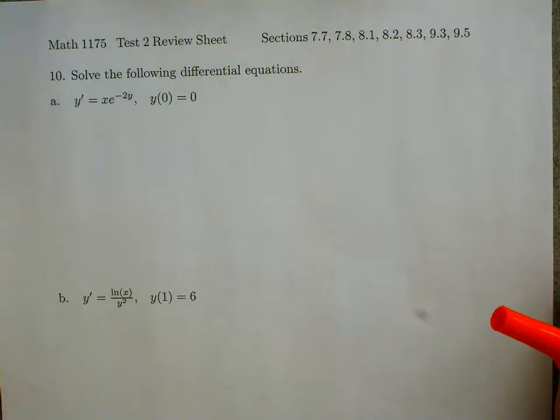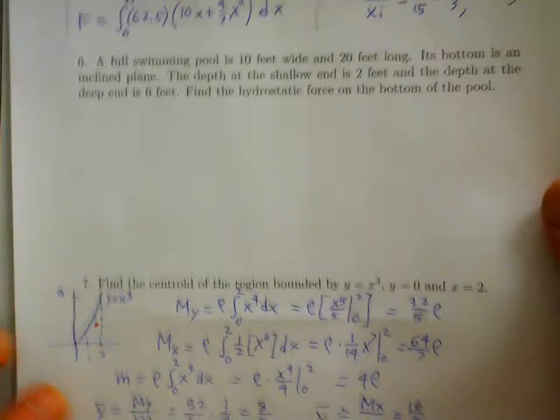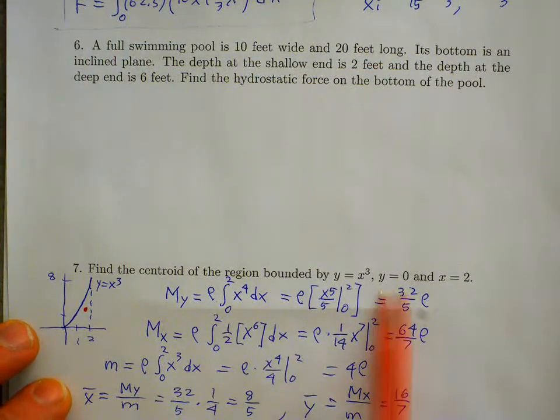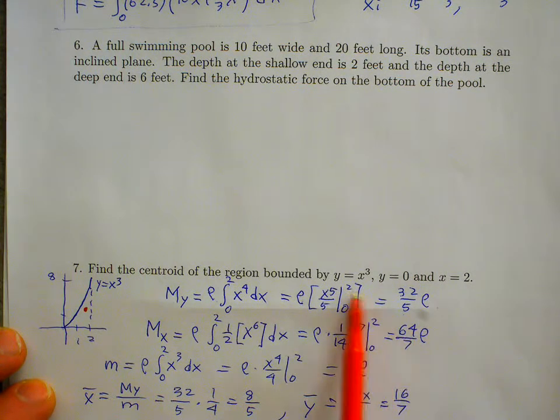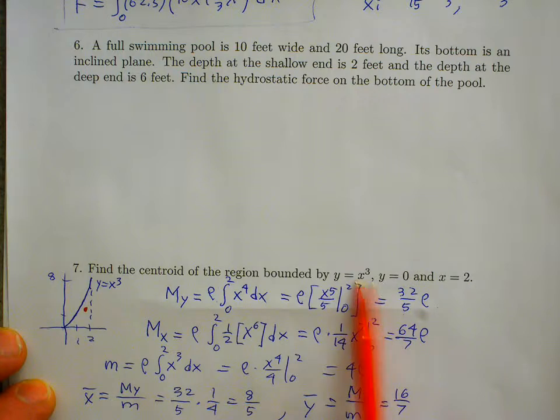So there's a question on YouTube. Aren't you supposed to subtract f of x minus g of x? Which problem are you referring to? Problem number 7. Well, if that's what you're referring to, since the lower bound is y equals 0, we didn't need to subtract, because x to the third minus 0 is just x to the third.